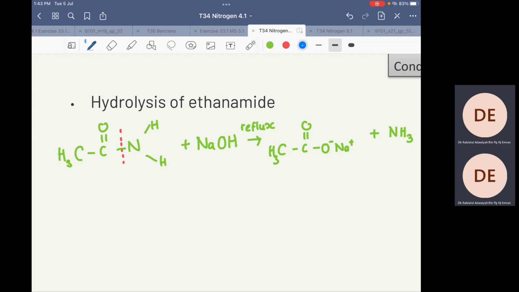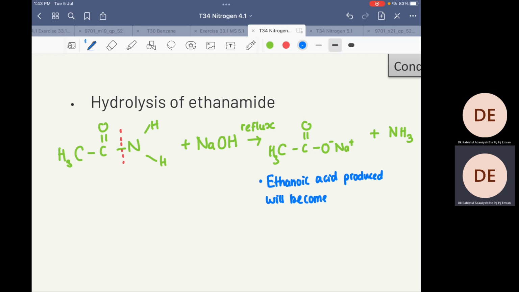Okay, a little note there: ethanoic acid produced will become ethanoate ion in basic condition.